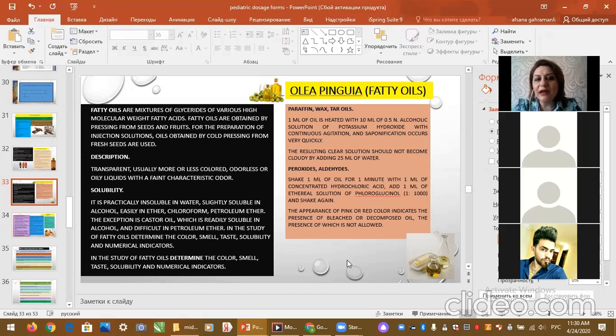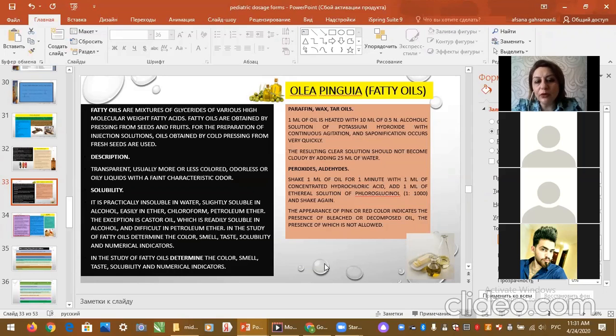Description: transparent, usually more or less colored, odorless or oily liquids with a faint characteristic odor. Solubility: they are practically insoluble in water, slightly soluble in alcohol, easily soluble in ether, chloroform, petroleum ether. The exception is castor oil, which is readily soluble in alcohol and difficult in petroleum ether.